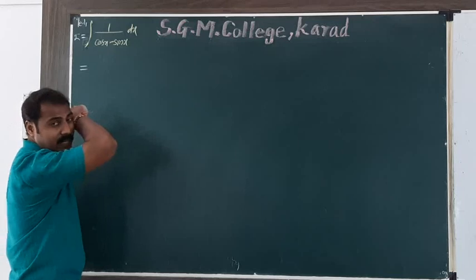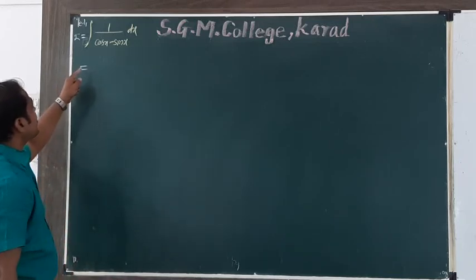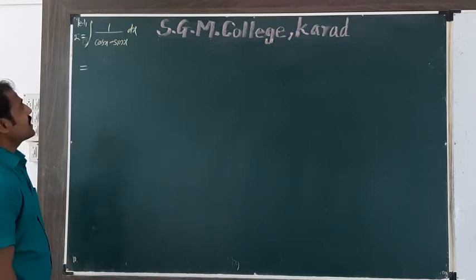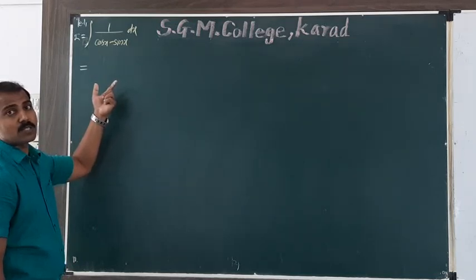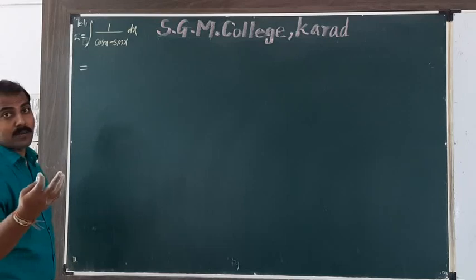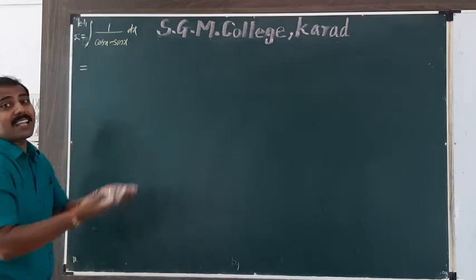First write the given integration as I. Let I is equal to integration of 1 upon cos x minus sin x dx. Clearly it is a type of integration 1 upon a sin x plus b cos x plus c dx. We can solve by tan x by 2 method, but here I will explain another method.